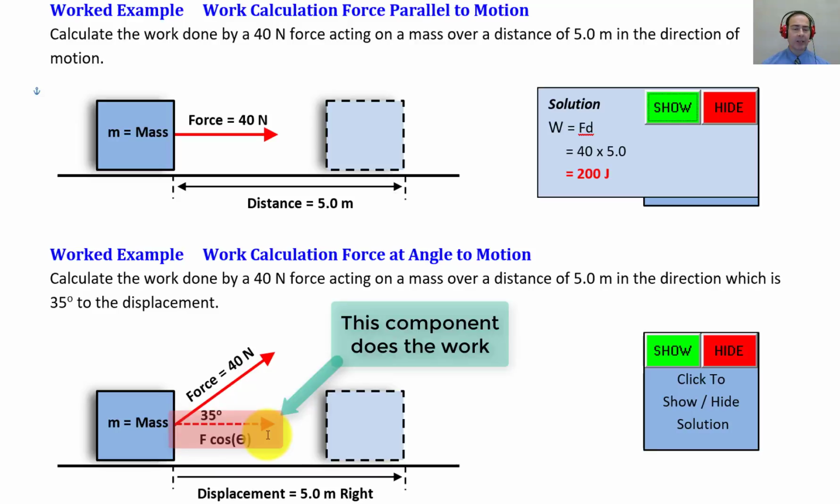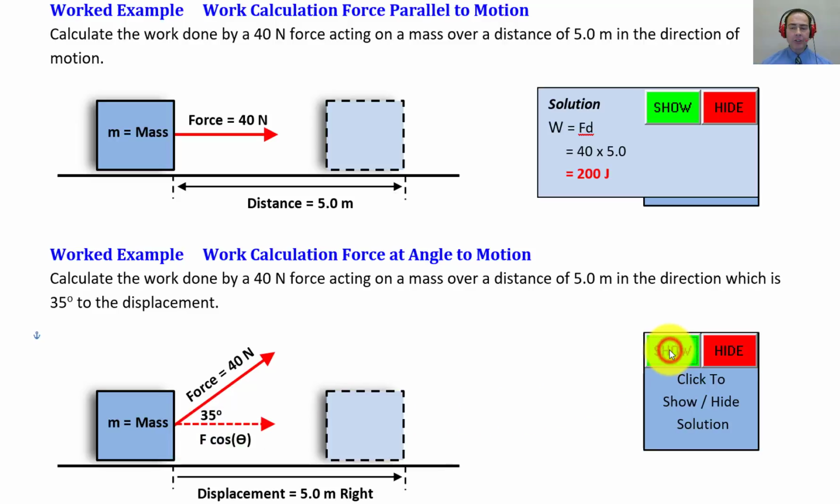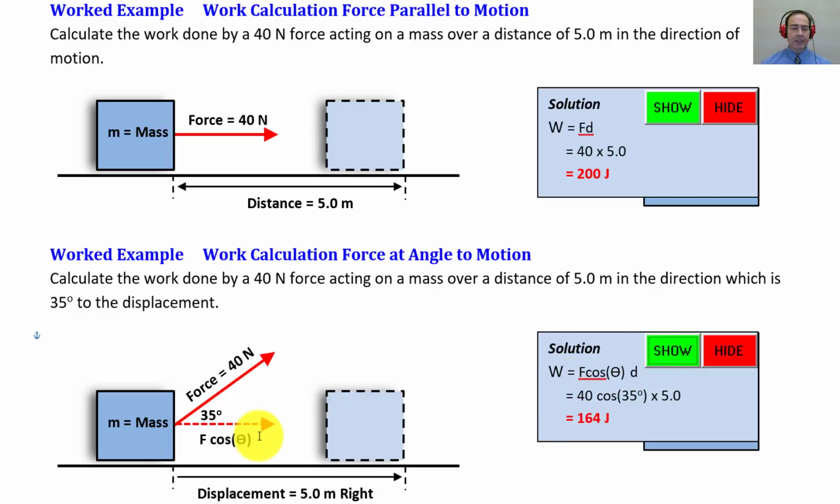That is the part that can possibly accelerate the mass in a direction parallel to its motion and therefore increase its speed, and later on, as we will see, this increases the kinetic energy. If we show this solution, we'll see that the F cos theta represents the component of force in the direction of the displacement, shown here still as a d.